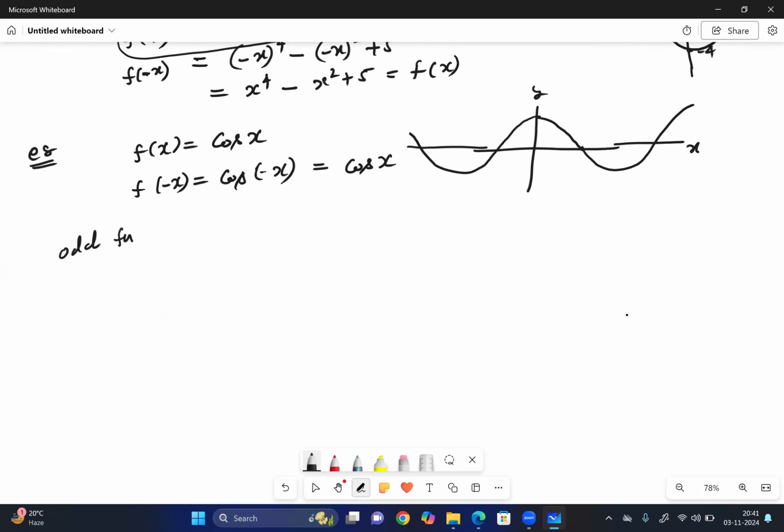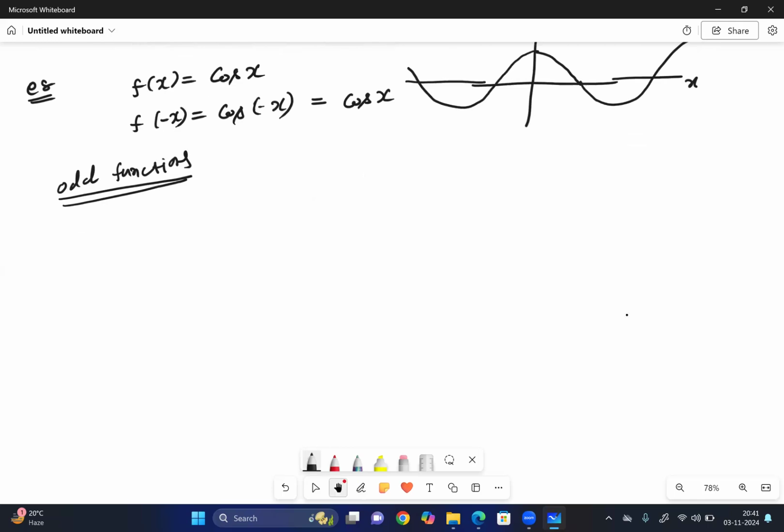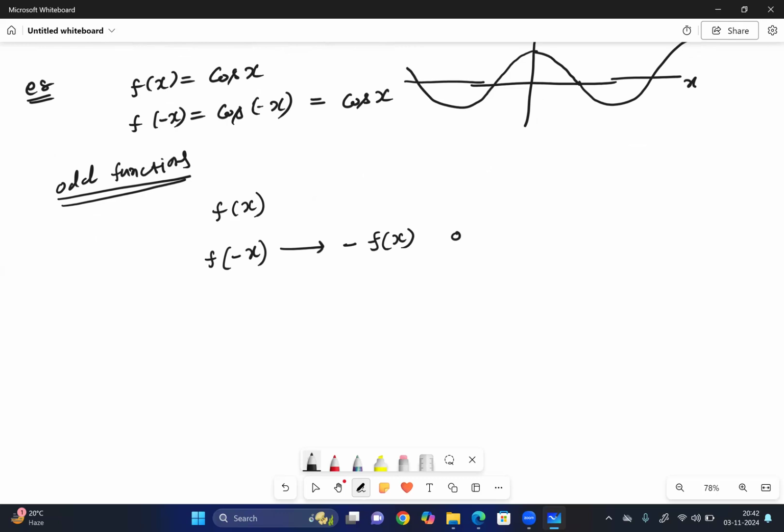Odd. So in odd functions, whenever we have a function f(x), and if we do f(minus x) in that function, and we get minus f(x), then we call it an odd function. So basically f(minus x), we are getting minus f(x), that is odd.